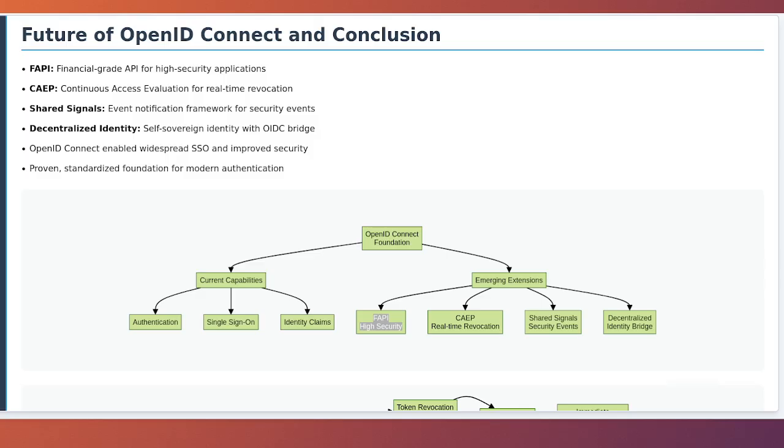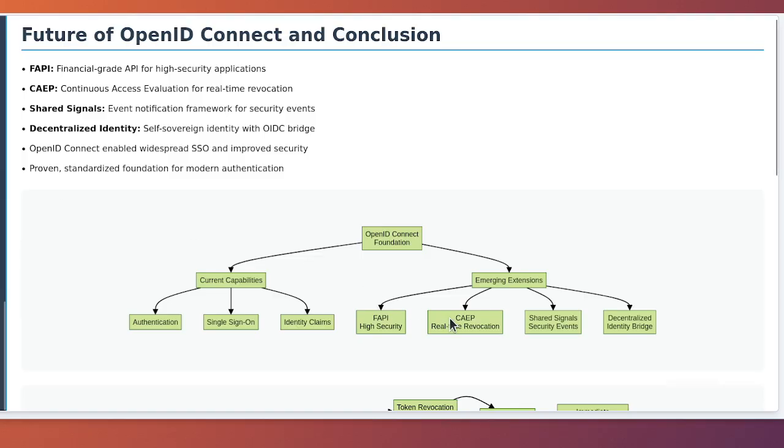Continuous Access Evaluation Protocol, known as CAEP, addresses the limitation that traditional tokens remain valid until they expire, even if the user's situation changes. If an administrator disables a user's account, revokes their access to an application, or if suspicious activity is detected, applications currently using that user's tokens might continue to accept them until expiration.